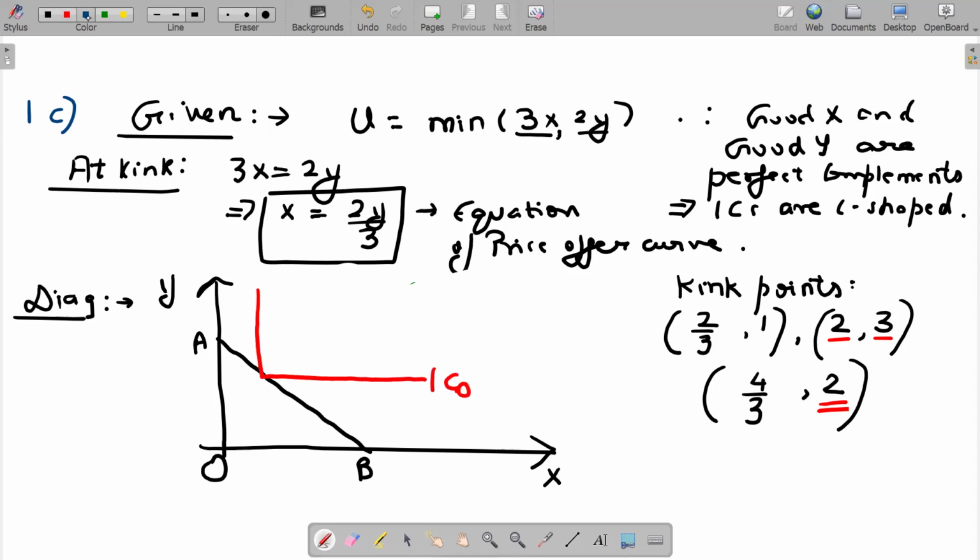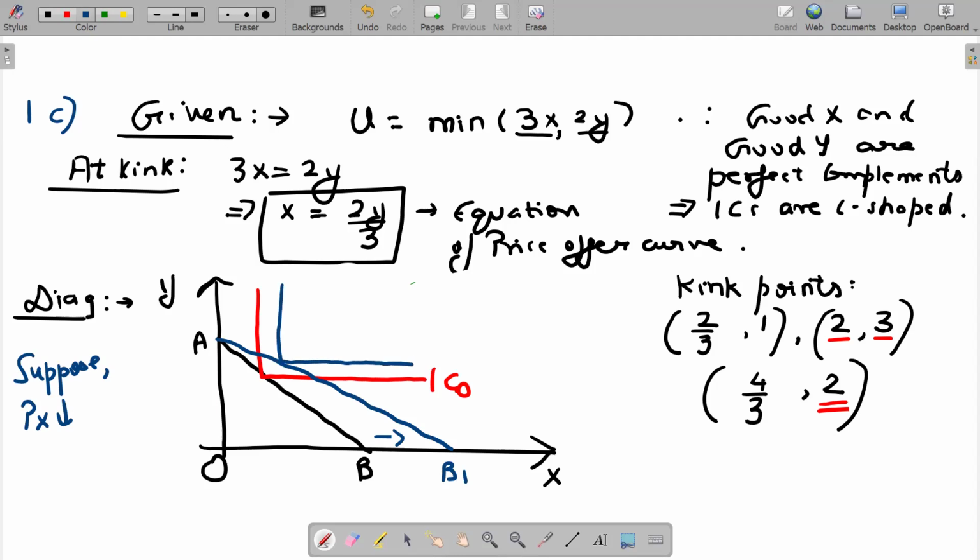Suppose the price of good X falls. The budget line will shift out, it will become flatter. It will move from AB to AB1.